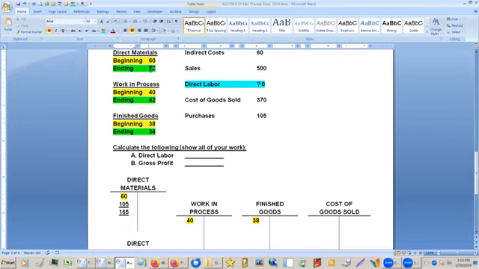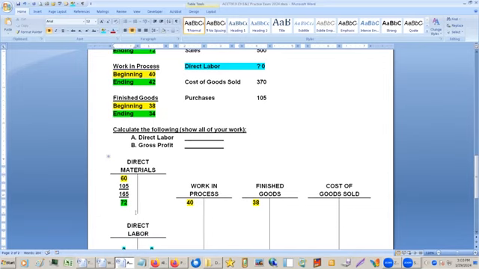Direct materials, we had 165, but when we send someone out to count it up, they come up that it's only 72 there, so we must have used the rest of it. We must have used 93. So this is what was used.